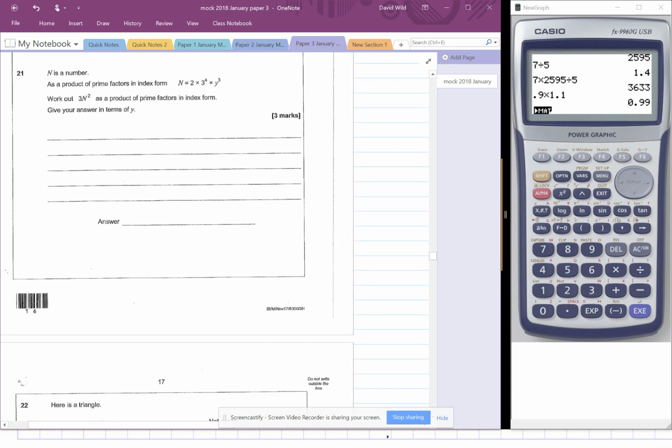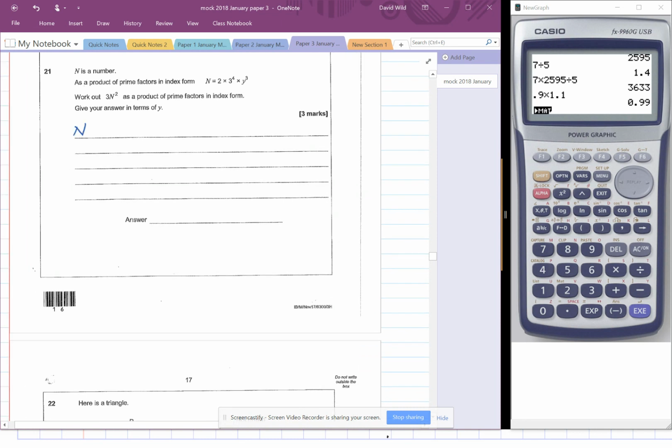Question 21. N is a number, okay? As a product of prime factors in index form, N is 2 times 3 to the 4 times y cubed. Work out 3n squared.